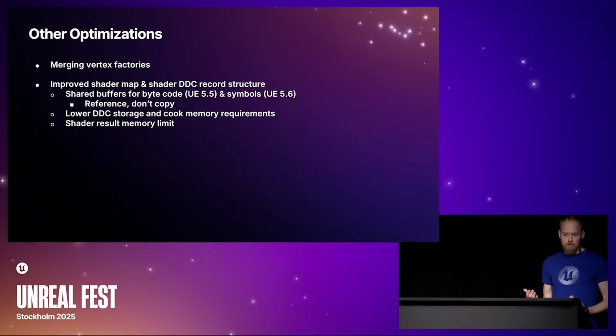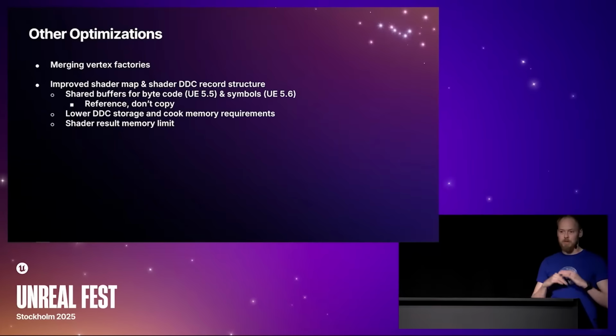So effectively, it introduced a hard memory limit on how much shader output data we store in memory during a cook. If we exceed the limit, we just evict things. But if we need those things later, we have them in DDC, so we just retrieve them again. So the eviction is not really that impactful. We didn't notice any problems from doing that. It's good to have a fixed memory limit for shader compilation, which we never had before.